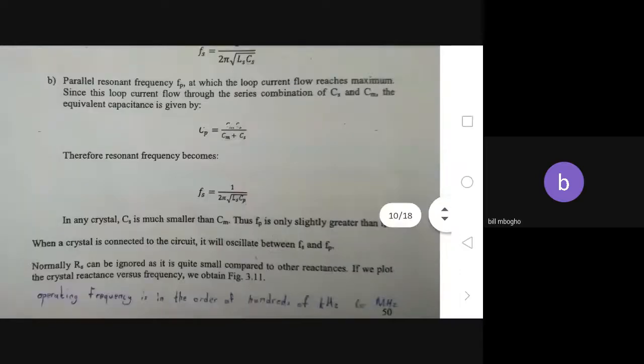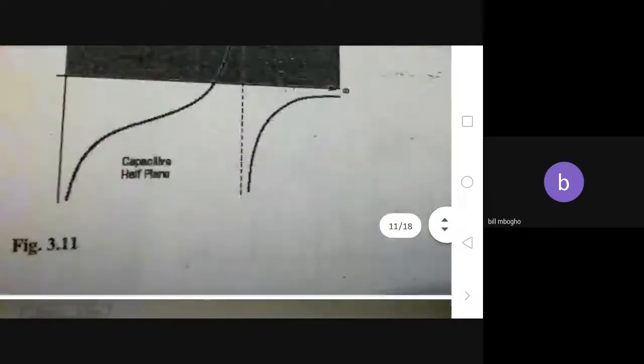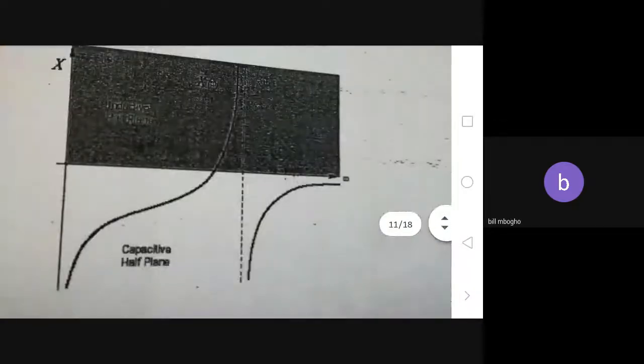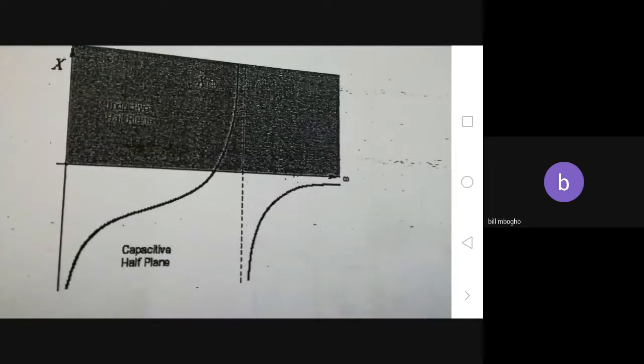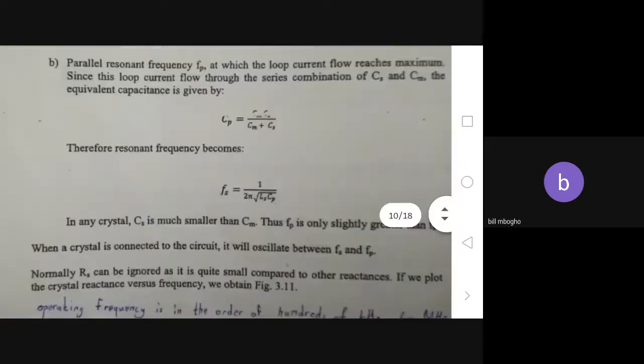And then for the plot, from the filter work in ECT, you'll see that if you have a capacitor in parallel with a series LC, this is the curve that you get.